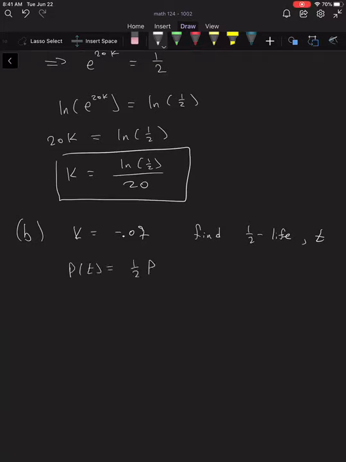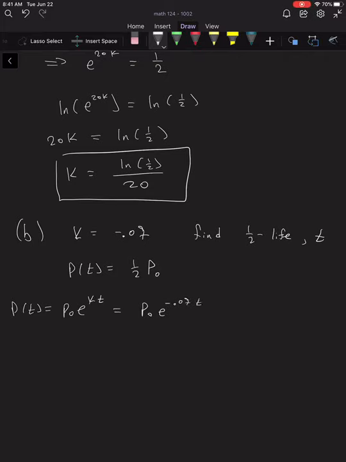So after that amount of time, we need half of what we started with. So we know P of T is also equal to P naught e to the kt, but we know that K is equal to minus 0.07. So this is actually equal to P naught e to the minus 0.07 T.